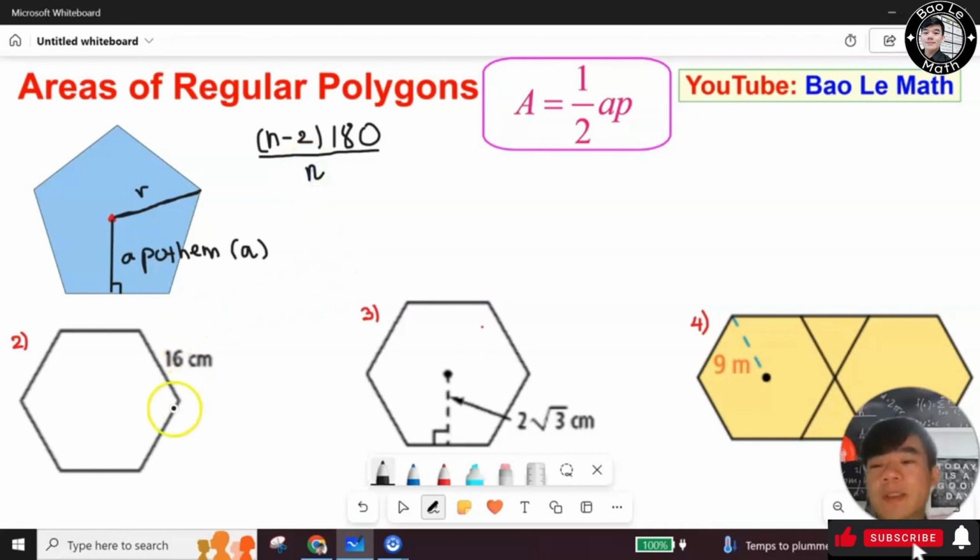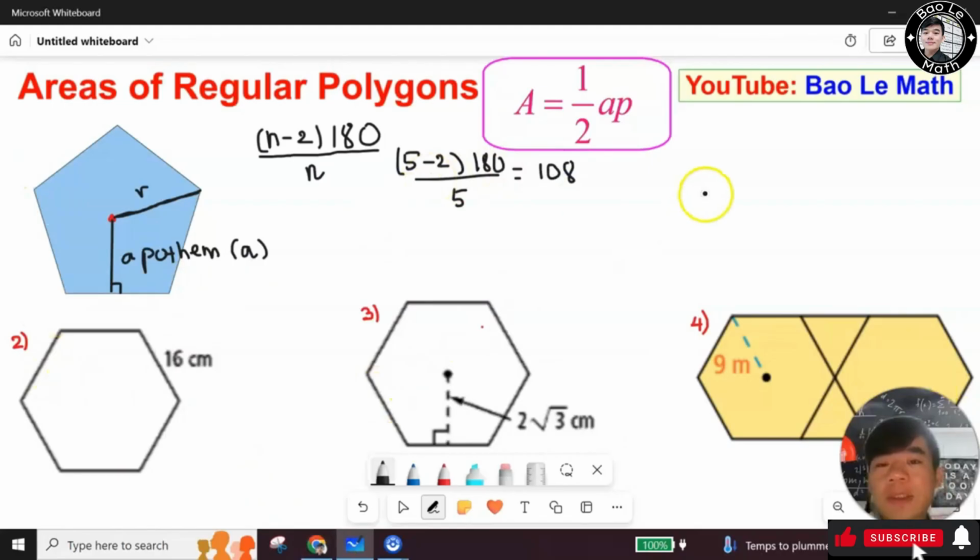For example, this is a regular pentagon. I just substitute 5, because this has 5 sides, so n equals 5. So I have 5 minus 2 times 180 divided by 5. 5 minus 2 is 3. 3 times 180 is 540. 540 divided by 5 is 108.